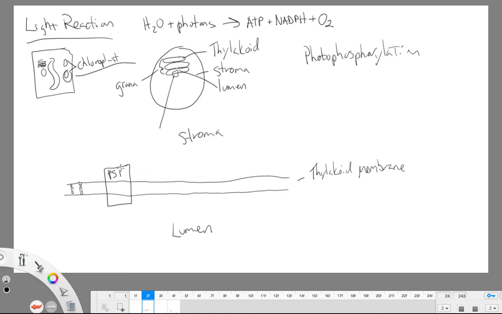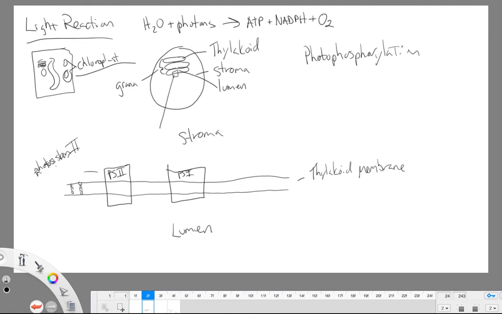So we'll put PS2 there, and that refers to photosystem 2. And then a little bit further along in the membrane, we have photosystem 1. Again, there are different molecules, chlorophyll, and some other molecules that I'll show in a second, that exist in these photosystems.